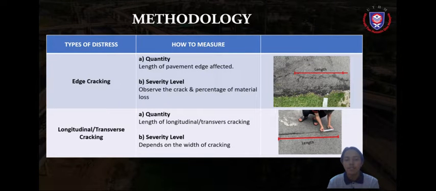For edge and longitudinal or transverse cracking, we need to measure the length of cracking. For the severity level of edge cracking, we need to observe the crack and the percentage of material loss, and for longitudinal or transverse cracking, the severity level depends on the width of the cracking.